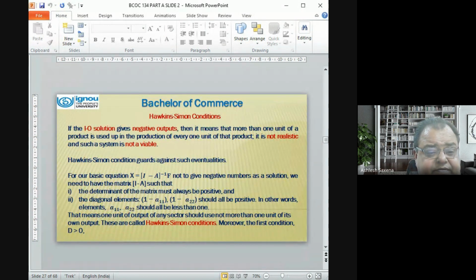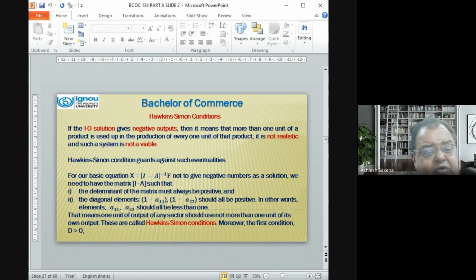In other words, elements A1,1 and A2,2 should be less than 1. That means one unit of output of any sector should use not more than one unit of its own output. This is called the Hawkins-Simon condition.